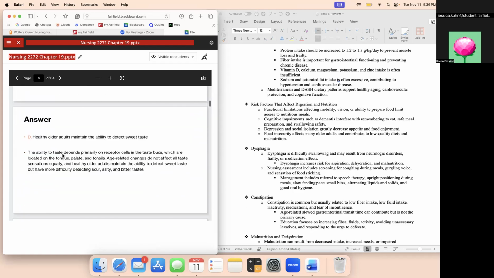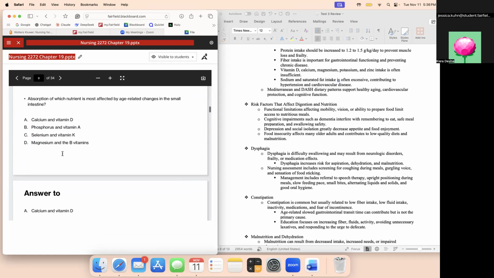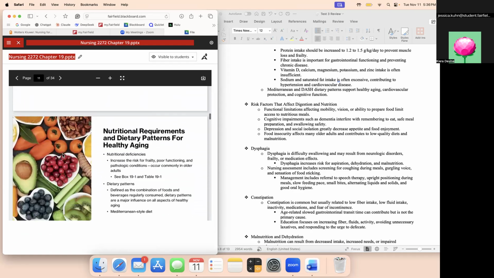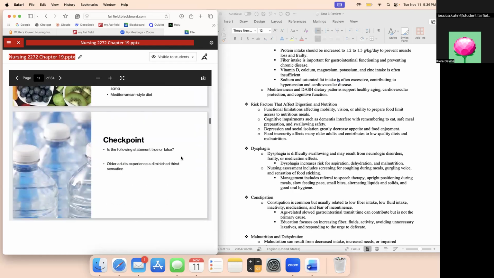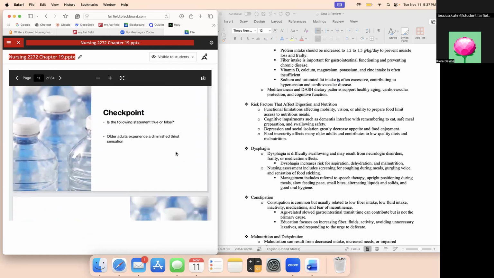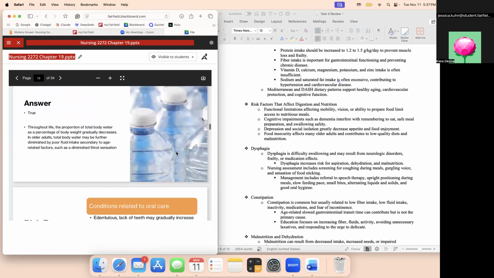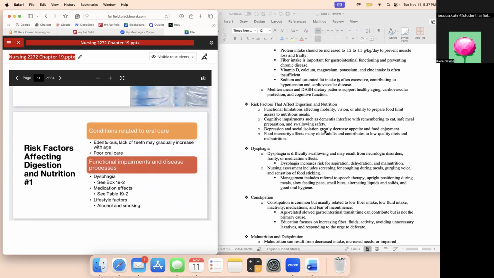Make sure you're taking a look at these checkpoint questions. We did talk about these dietary requirements. Conditions related to oral care, the lack of teeth may, like we said, gradually increase.